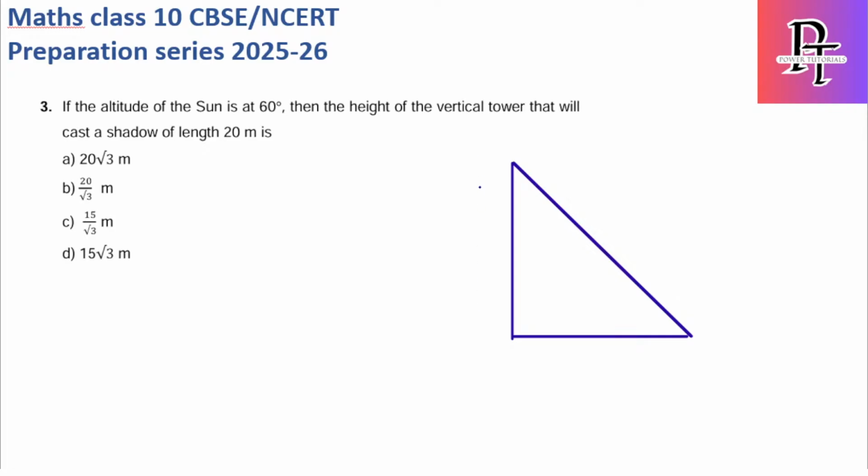So this is the vertical tower, this is the shadow. The altitude they have provided is 60, so this is 60. The height of the vertical tower we need to find, which is h, and the shadow length they have provided is 20. So again tan 60 is equal to h over 20, and tan 60 value is root 3.